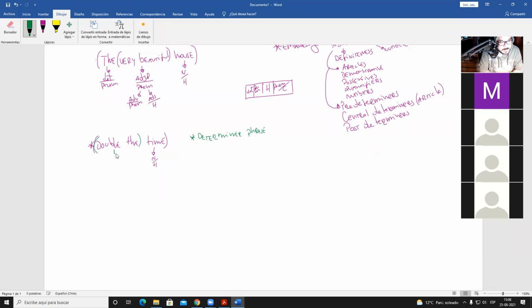So in this case, following Biber's analysis, this thing should be analyzed as a determiner phrase acting as a premodifier.